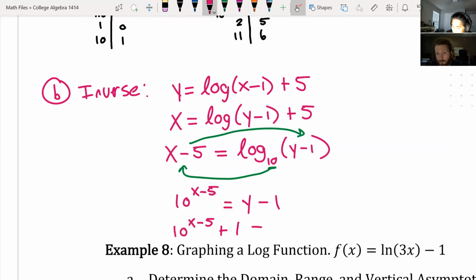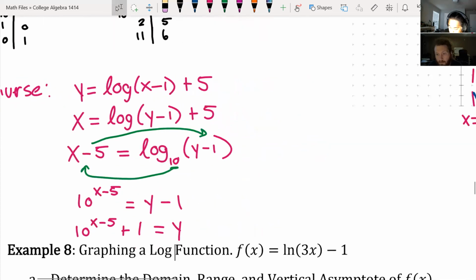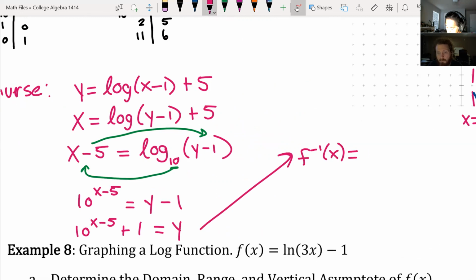And we have the inverse. 10 to the x minus 5 plus 1 equal to y. And we will write it as such. F inverse of x is 10 to the x minus 5 plus 1.